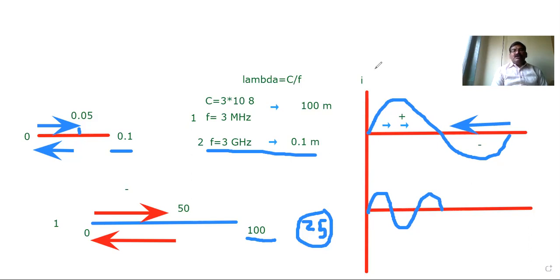In the modulation, what you are transmitting is the carrier, and in the carrier, whatever modulation system you are using, the information is built in. Amplitude modulation, frequency modulation, ASK, FSK, whatever.